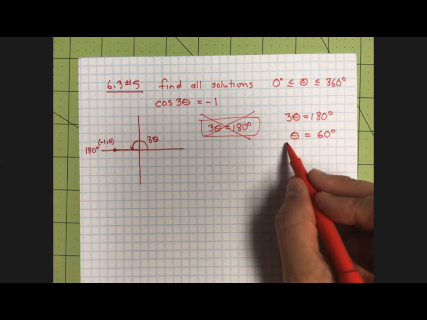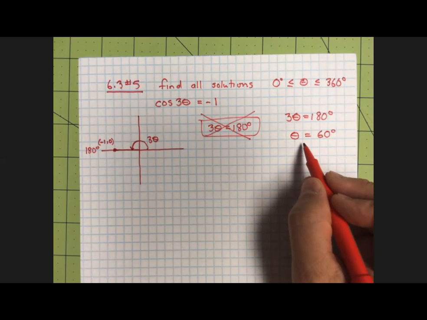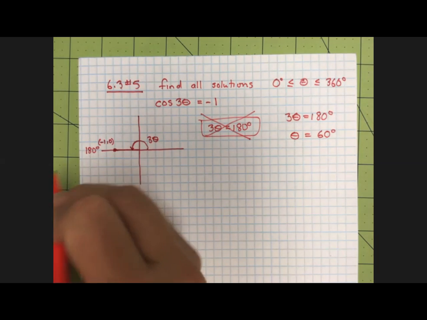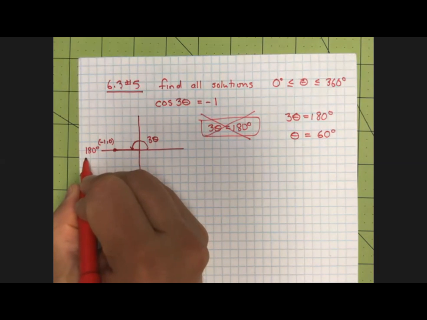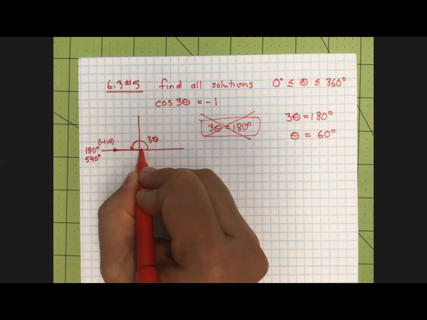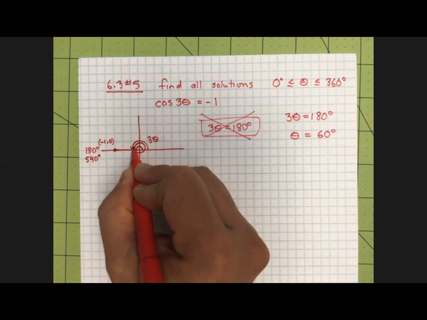But that's not the only answer to this problem necessarily. 3 theta could have been 180 degrees, but 3 theta could have also been 540 degrees. I could have gone around and then landed on 180.